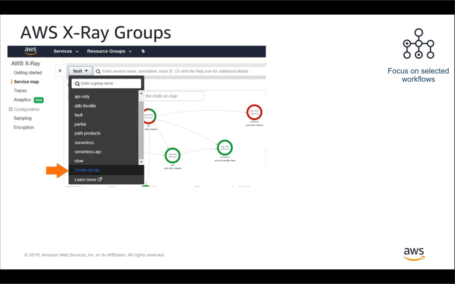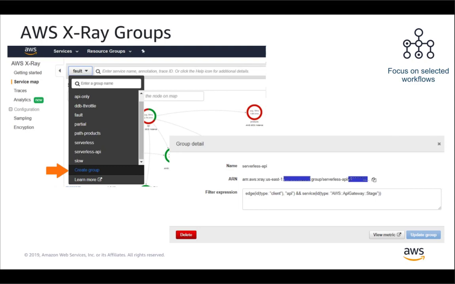They think it's just a visualization component where if you create a group, you get a nice service map that is for the subsection of your overall service map, but that's not the case. We also essentially look at the metrics and slice them for you so that when you're looking at the service map for a group, you're looking at the data that's relevant only for the set of requests that meet that filter expression.